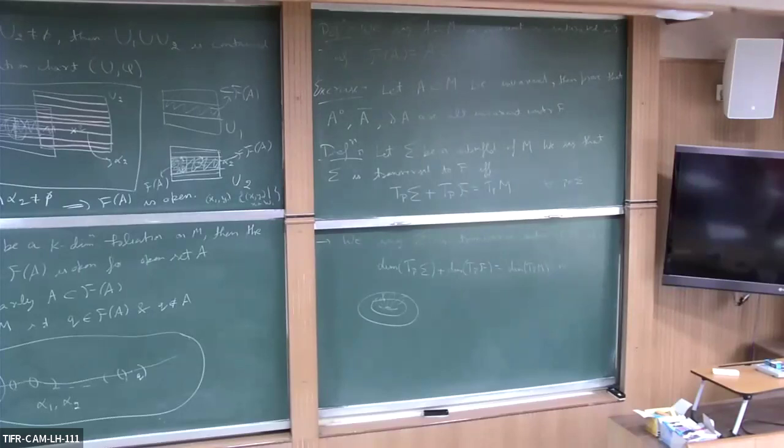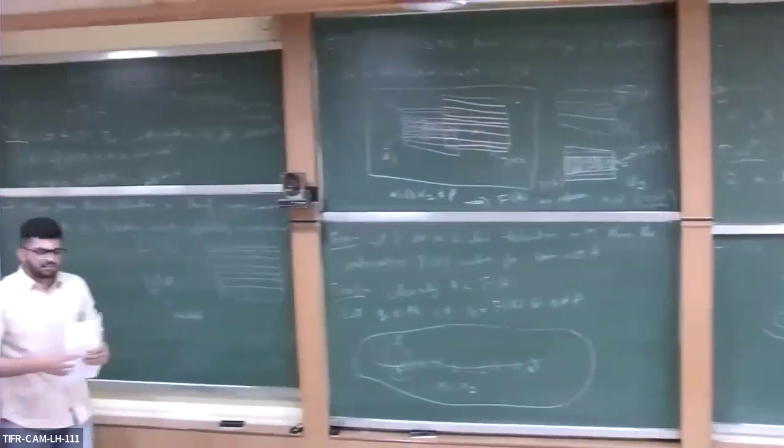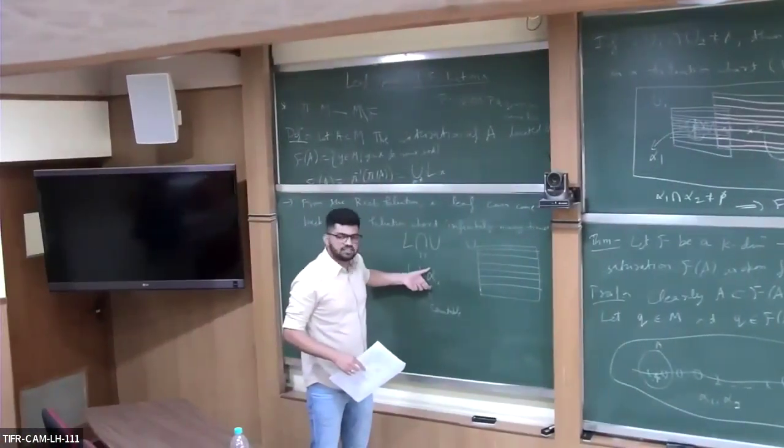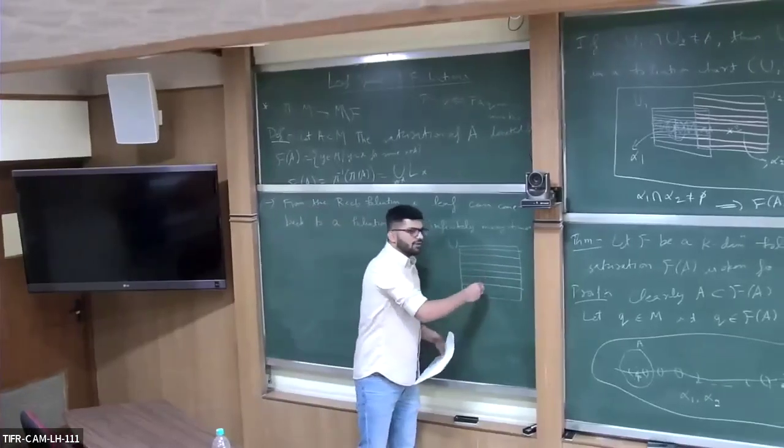And somehow this behavior of a leaf in a foliation chart remains uniform all over the manifold. It's not the countability, but the discreteness of these plaques, discreteness in the sense of the number of them.